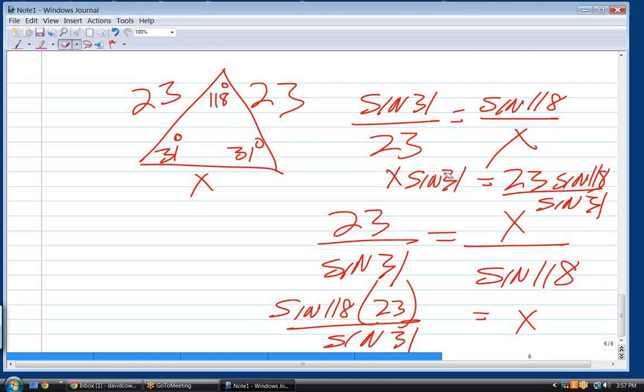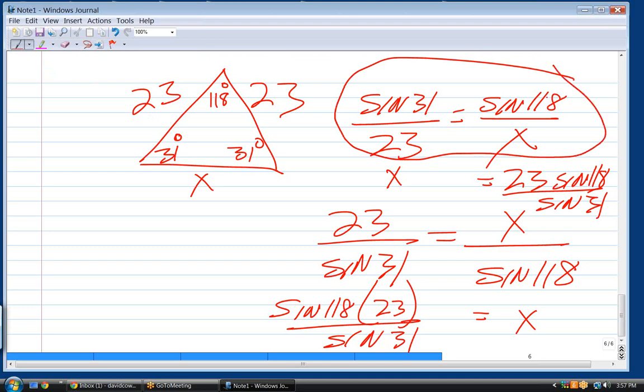So I get to the same answer, x equals all of this, or all of this. But notice that when my unknown was in the denominator, it took two steps. If you put your unknown in the numerator, it'll always only be a one-step problem.